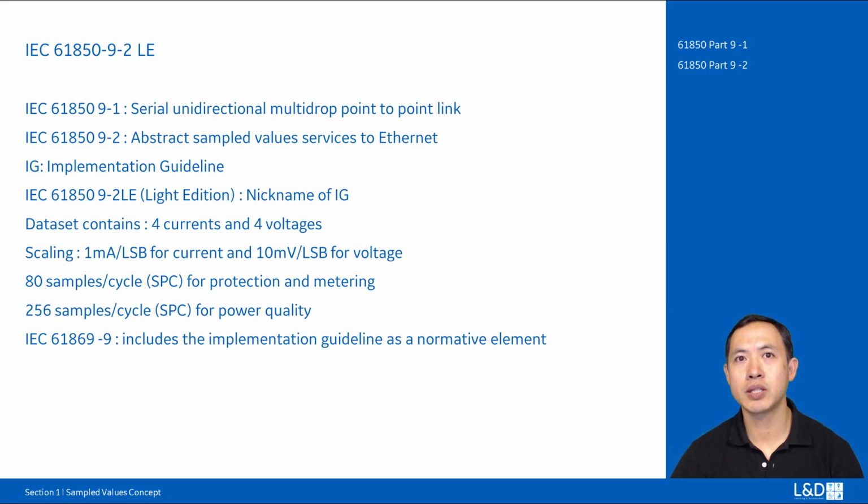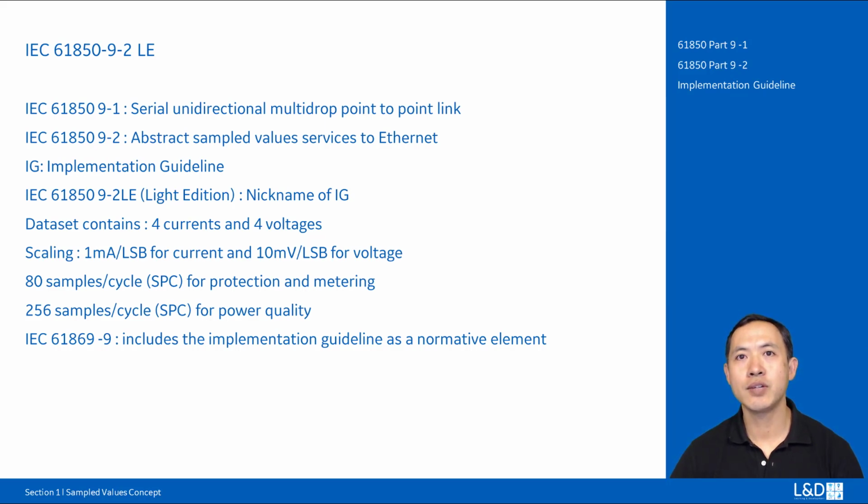The sampled rate or the actual contents of the dataset are not defined, so a generic interoperable implementation is almost impossible. To facilitate the implementation and interoperability of devices utilizing SVs, an implementation guideline, IG, was worked out and later published by the UCA International Users Group.